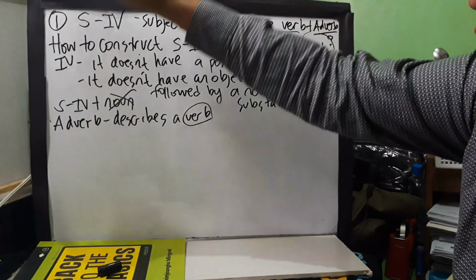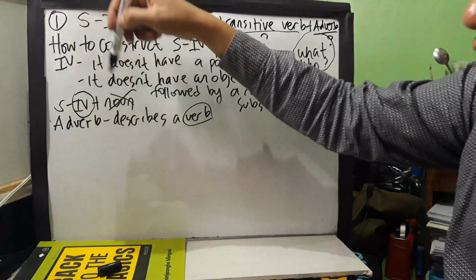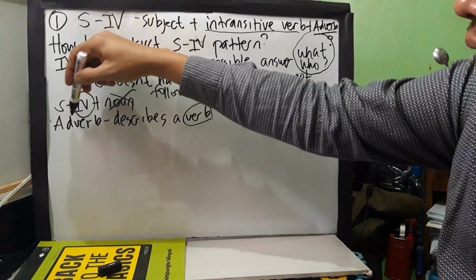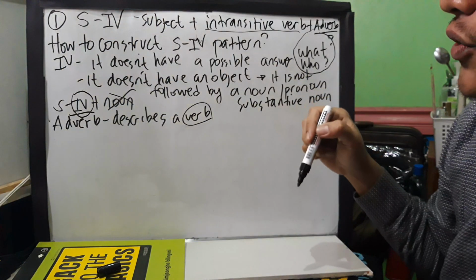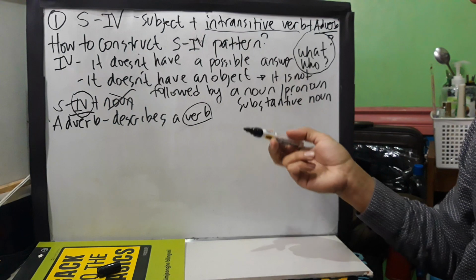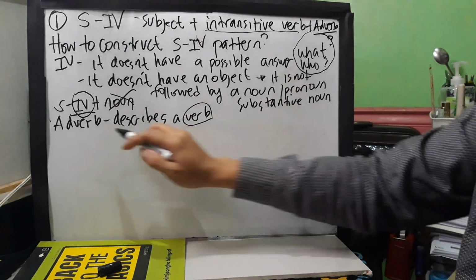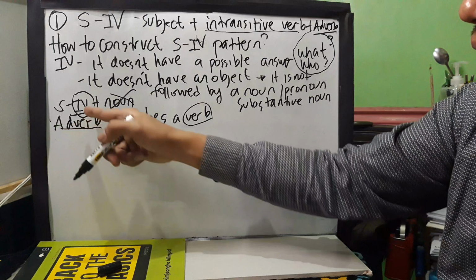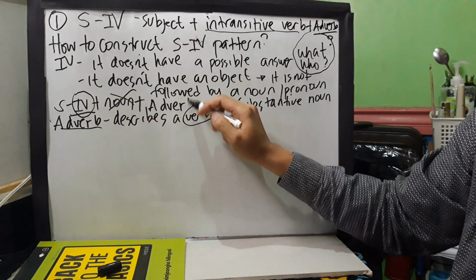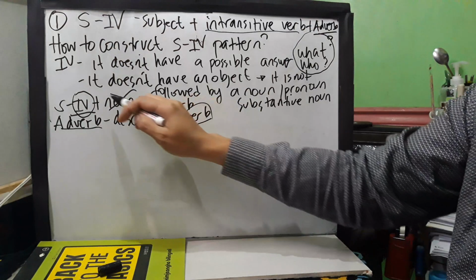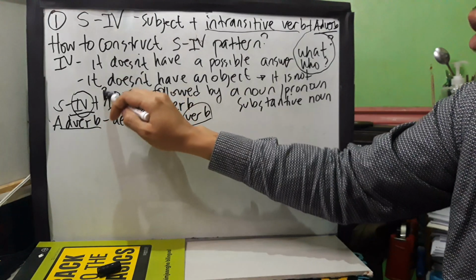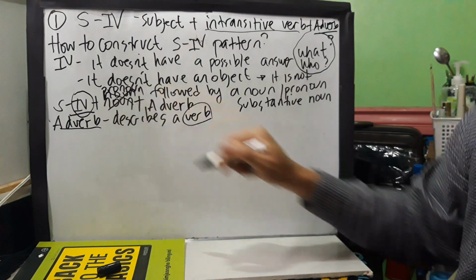Therefore, since your intransitive verb is not followed by a noun, what should I use to expand, to make my sentence longer, what other details should I put? That is your adverb. So an intransitive verb can be followed by an adverb. Again, it is not followed by a noun, and it is not followed by a pronoun.